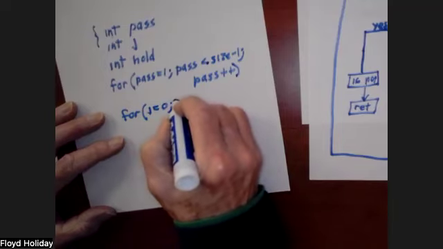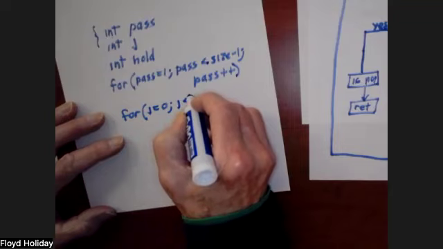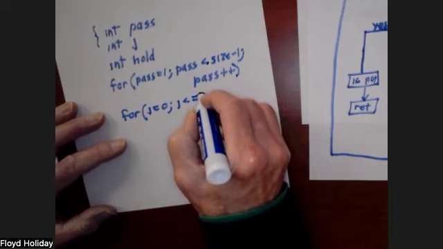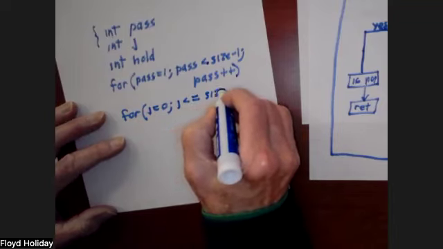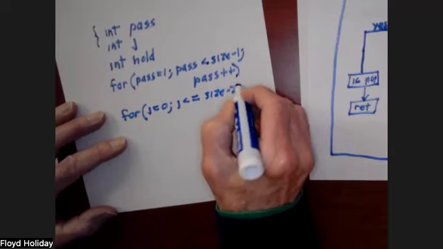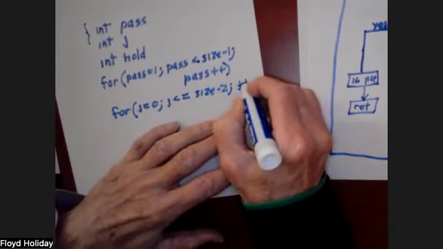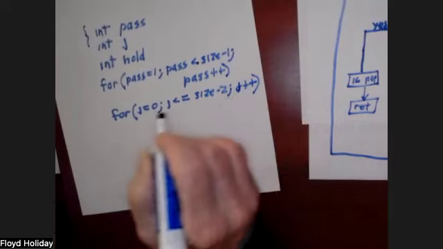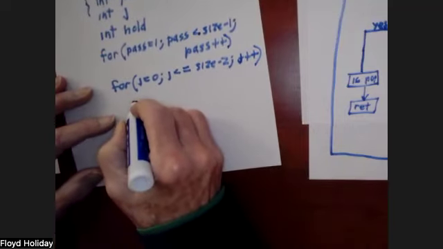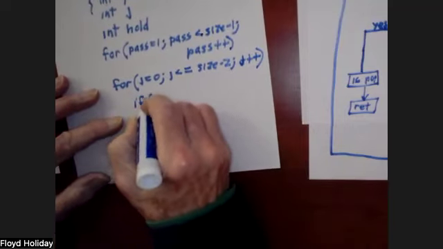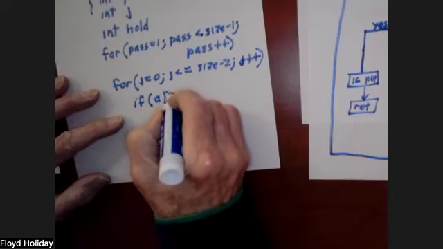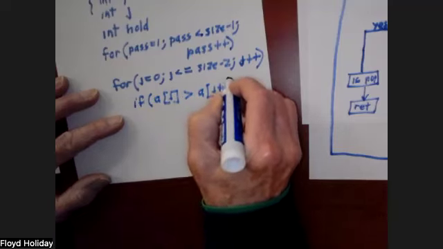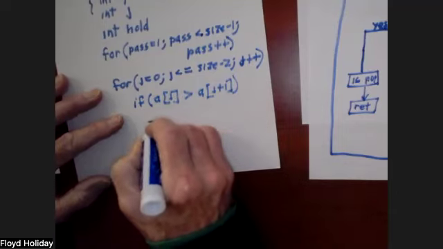j equals 0, j less than. It says less than or equal. I don't know what. I'll put what I copied. Size minus 2, comma, j plus plus. Okay, and then if the two elements are out of order, if a j is out of order with its neighbor, then you swap those two.